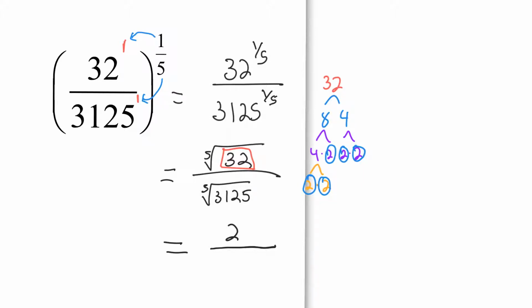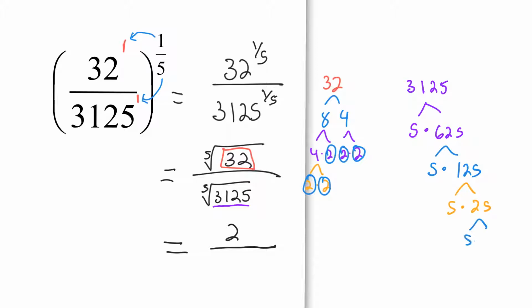Now the bottom number is 3125. So it ends with the 5. So that means that 5 goes into it, so 5 times some number, and that's 625. And then we can break down the 625, 5 times 125, and you can also break down 125, that's 5 times 25, and 25 is 5 times 5.